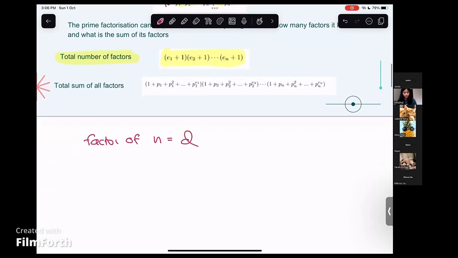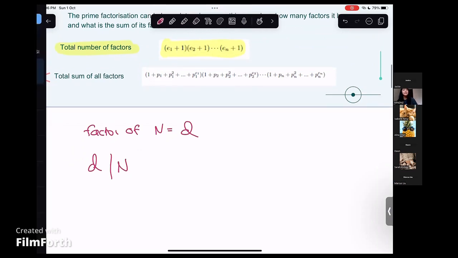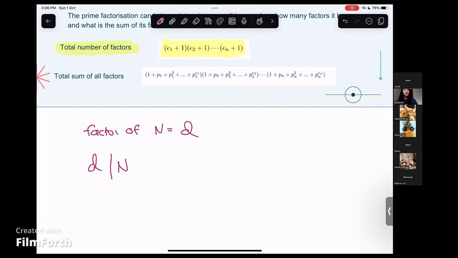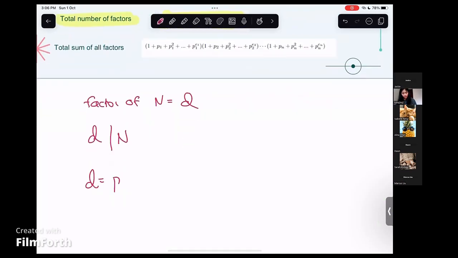Right, so d divides into capital N. So it has to have a common prime factor with it, or divide somehow into N. So we can express d in terms of p1, p2, up to pn, but sometimes it might not have all the prime factors. It doesn't necessarily have to have all the same prime factors as N. It just can't have any other ones.